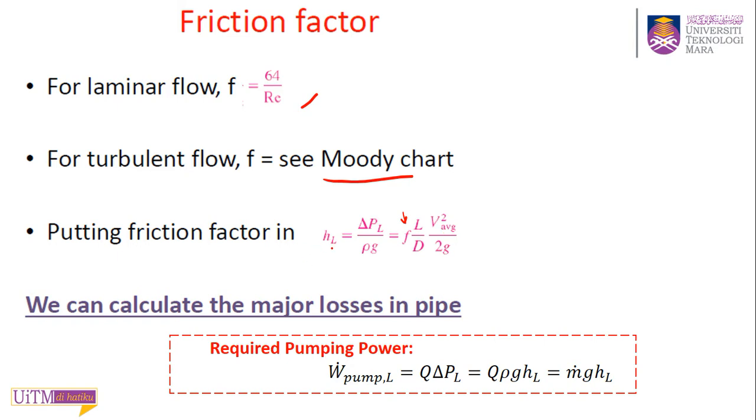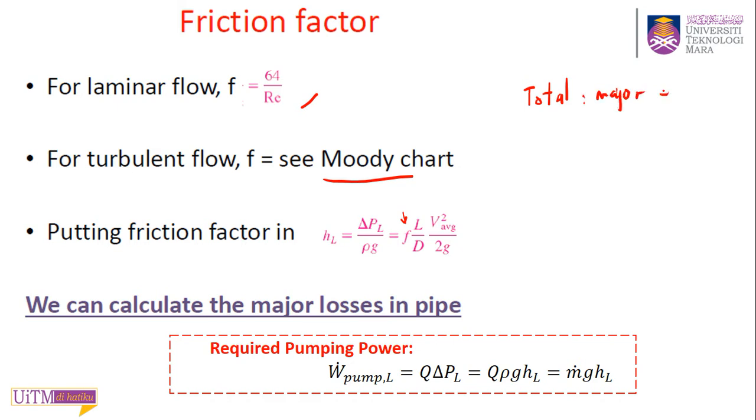So we can calculate the head loss of the piping system. But make sure, don't forget, the total head loss is the summation of major and minor losses.